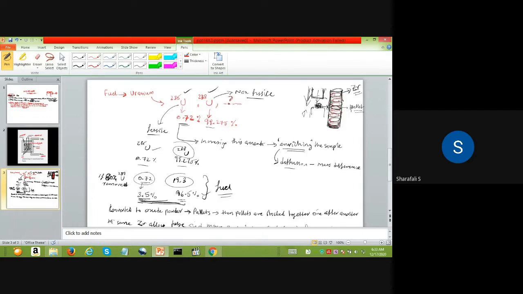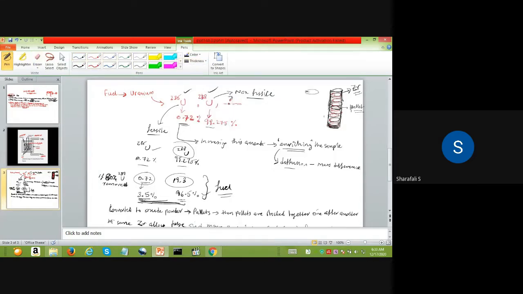So these are zirconium tubes. If you have a number of such tubes, then it is called a cluster.